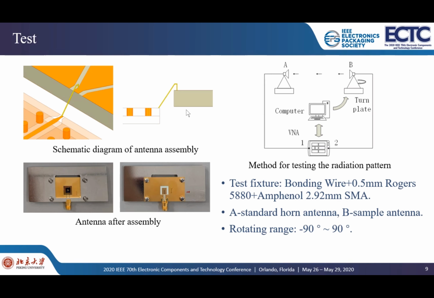As the figure shows, the vehicle is mounted on the PCB board and connected by the bonding wire. The reflection coefficient is tested by the vector network analyzer. The gain and the pattern are tested in anechoic chamber.